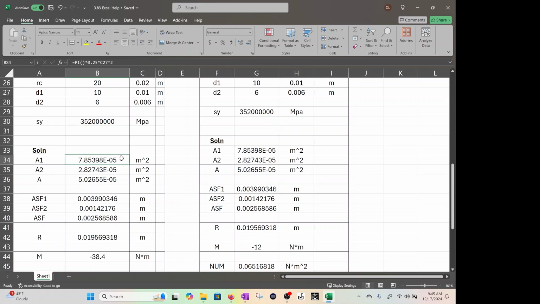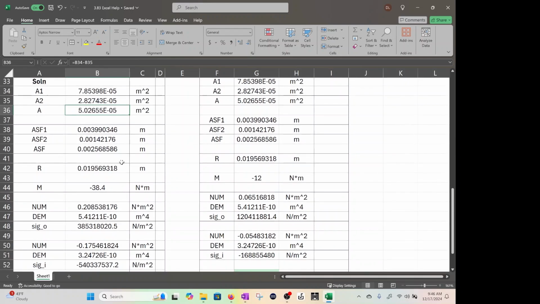I calculate my area for D1, I calculate my area for D2. Here is where I subtract the areas, okay? Next, area shape factor equation for D1, area shape factor for D2. Then I subtract them. I find my R. I use my force and my distance to find the moment.